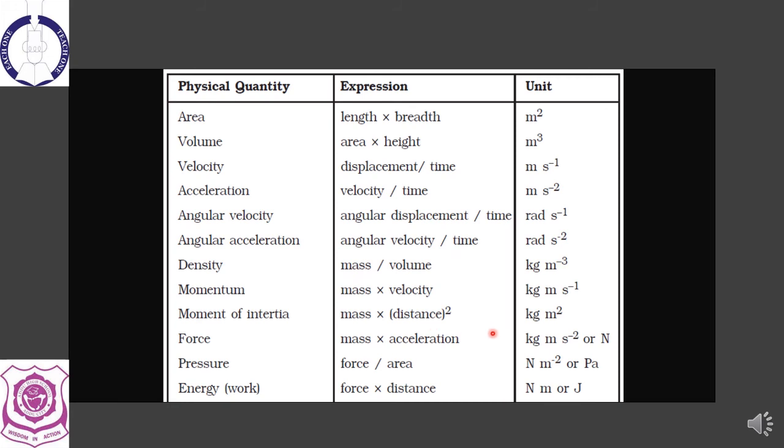If you look at force, the base unit is written as kg m s to the power minus 2. When you write the unit of force in terms of the base units, it's very difficult to say that all the time. So we have another unit, the Newton, which we usually use as the unit of force.